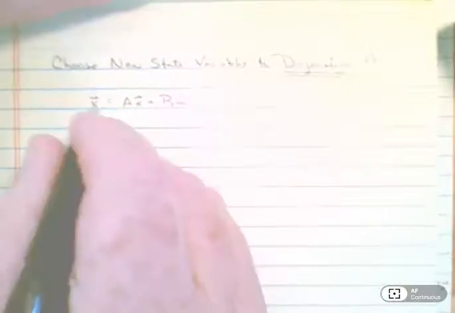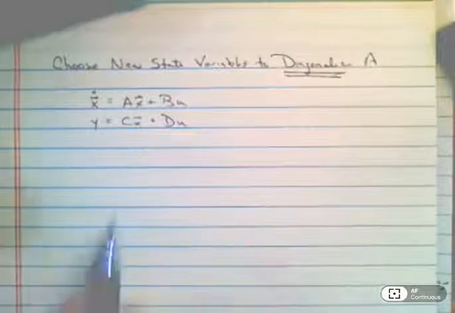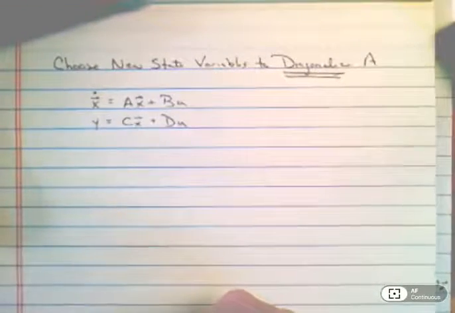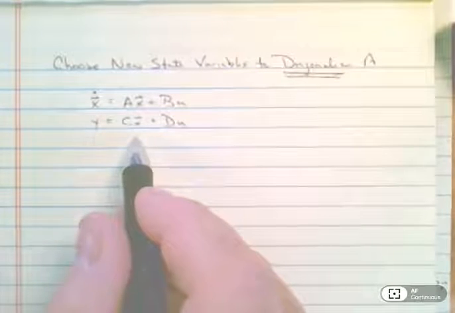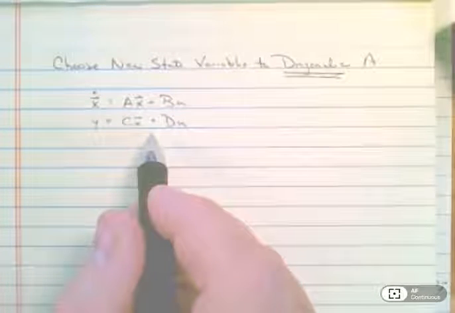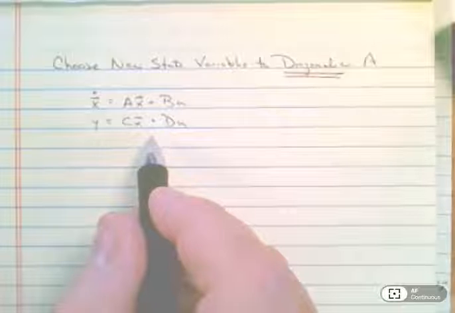So we have our set of state equations: Ax plus Bu equals x dot, and y equals Cx plus Du, with x the vector. And we've chosen some arbitrary set of state variables. Probably we would have a physical set like position and velocity. That's probably how we got to this set of state equations to begin with.